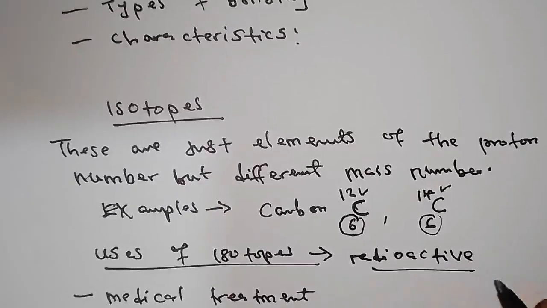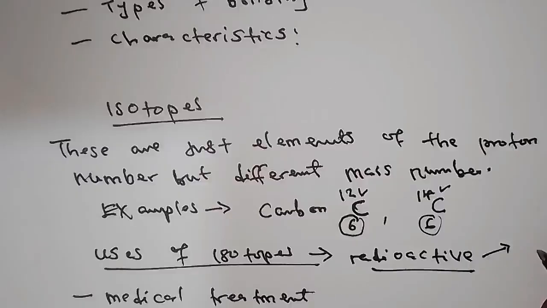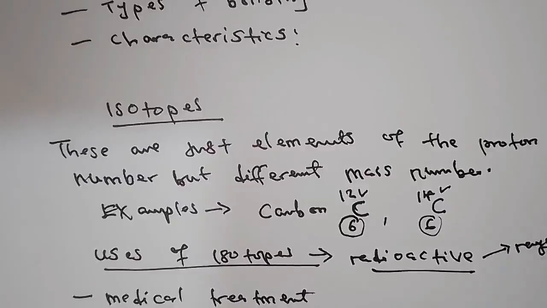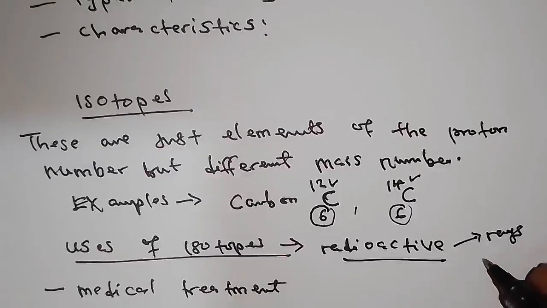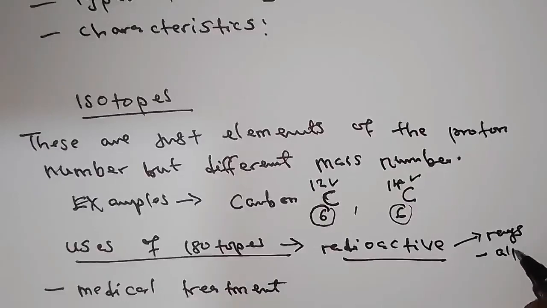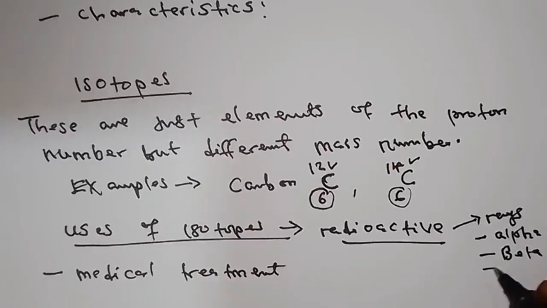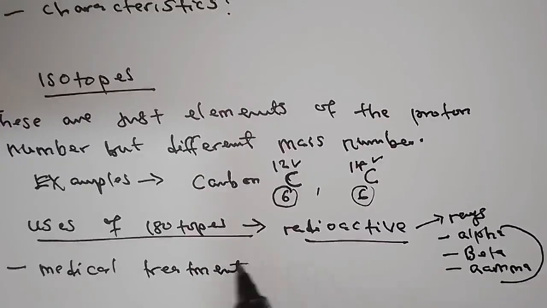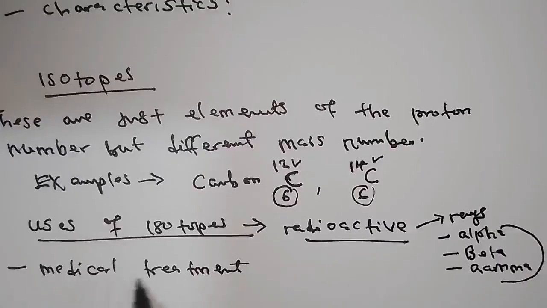So radioactive meaning they produce some rays, such as the alpha, some beta, and then also some gamma.